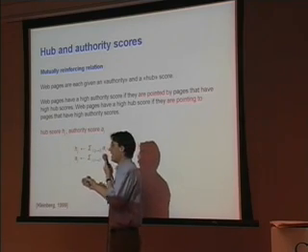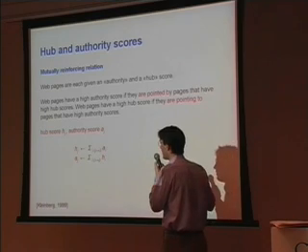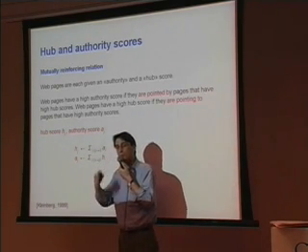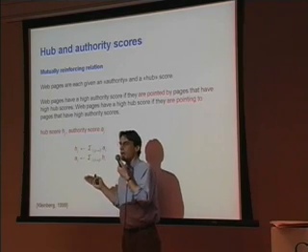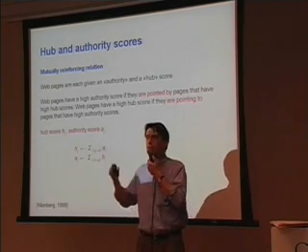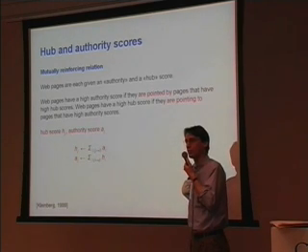If we do this, then what one can prove is that independently of what you started from in terms of initial scores, this process always converges, and it converges to the same value, independent of the initial assignments of the hub and authority scores.